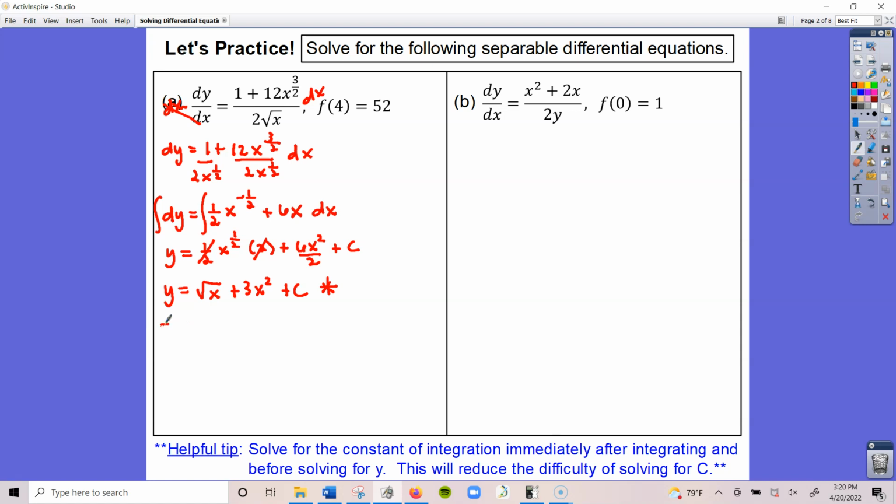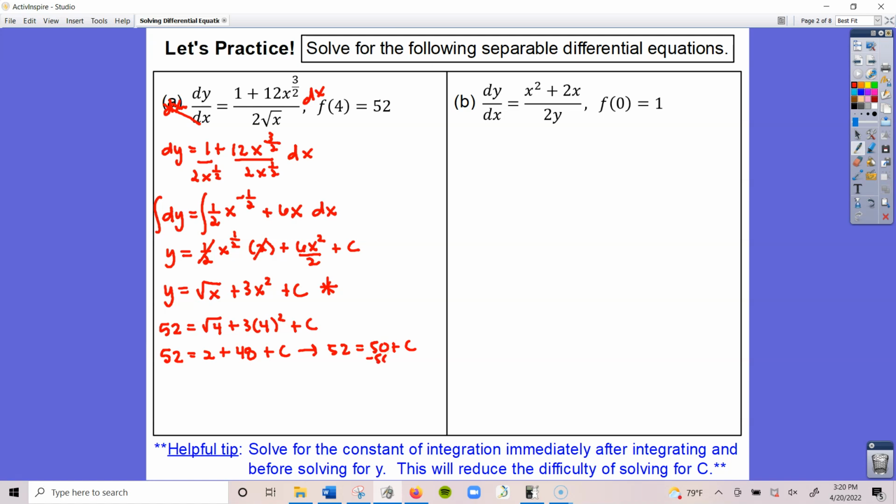That means that 52 is equal to the square root of 4 plus 3 times 4 squared plus c. 52 equals 2 plus 4 squared is 16, and 16 times 3 is 48 plus c. If I add 2 plus 48, I get that 52 is equal to 50 plus c.